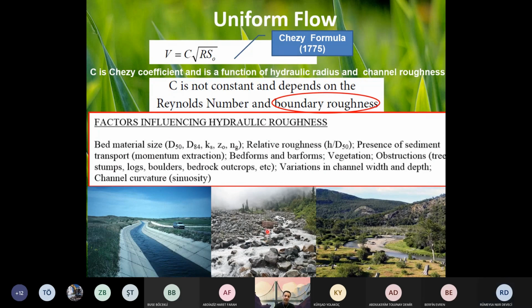C is higher here. So C is higher, you mean that roughness is higher. So if C is higher, velocity should be higher also. Am I right? Yes, true. But roughness is friction, so velocity cannot be more than the first picture.